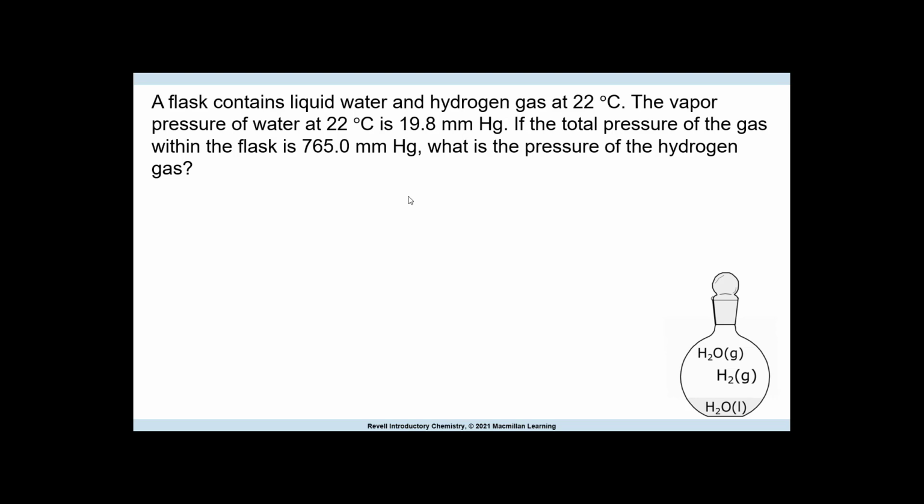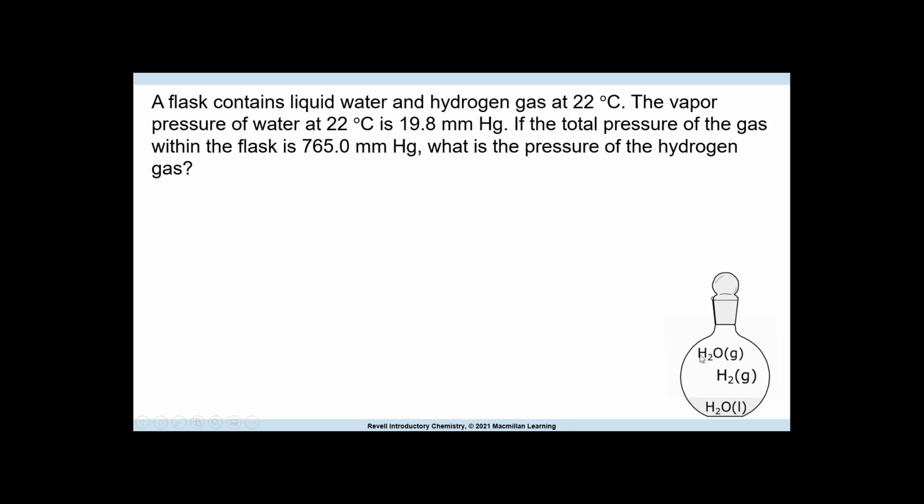We have an enclosed vessel, a closed up vessel. It has liquid water. It has hydrogen gas on top of it. But the thing is, there's water vapor in the air, and water vapor is gas. We want to know the pressure of the hydrogen gas only. But the problem is we can't separate the water vapor from the hydrogen gas.